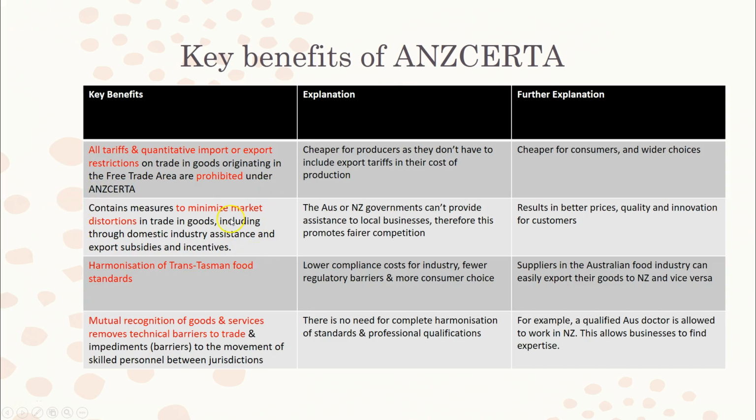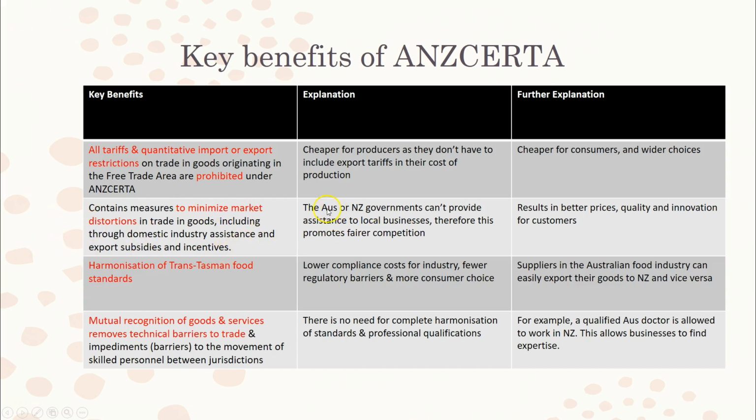So for Australia and New Zealand, under ANZCERTA, they will try to minimize market distortions, which means, in normal situations, governments tend to want to help their own local businesses. We all know that. And how do governments do this? Sometimes they give subsidies and incentives to their local businesses. So under ANZCERTA, Australia and New Zealand cannot do that. Alright, so this is to minimize market distortions.